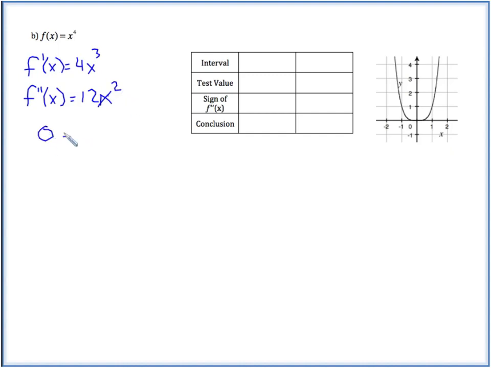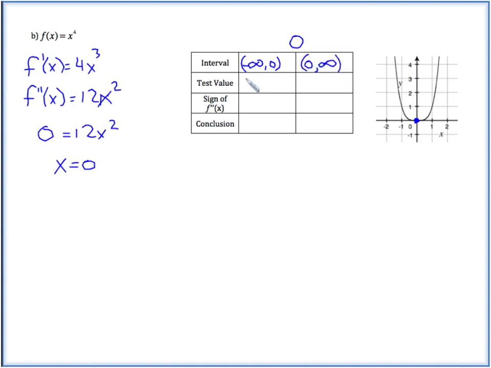We set that equal to 0, and so x equals 0. So the possible point of inflection is here at 0. Graphically, it looks like this is going to be concave up and then concave up, so it doesn't switch. But let's go ahead and test the intervals -infinity to 0 and 0 to infinity.